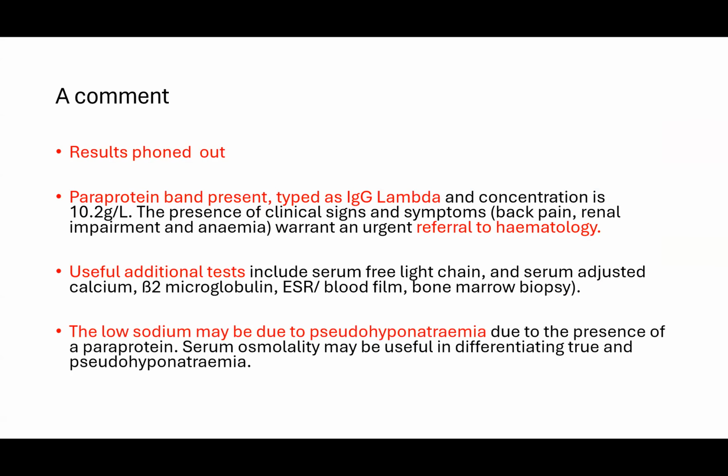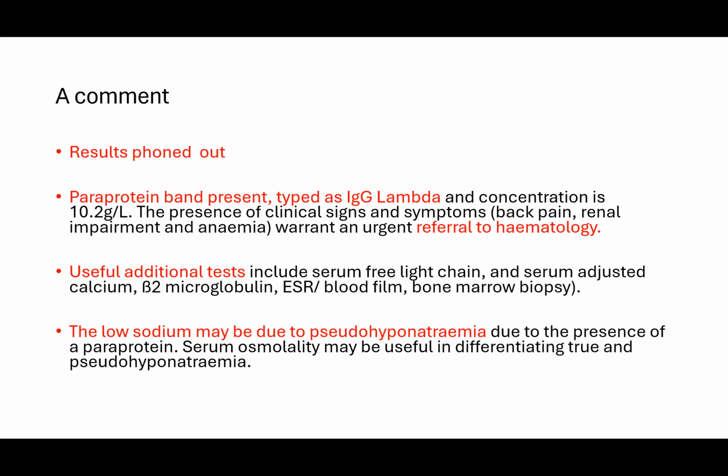Obviously, when you see results like this for the first time, if it's not a known myeloma patient, this needs to be followed up. And since we said that it is IgG lambda, urgent referral to hematology is important, along with the additional tests for myeloma, which I'm sure you're already familiar with.